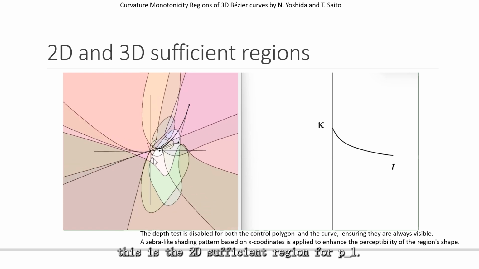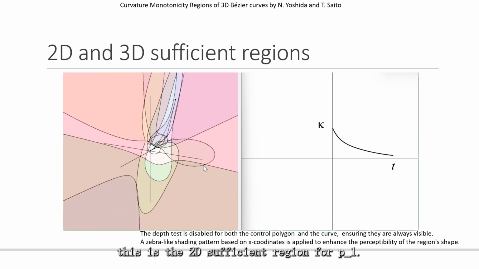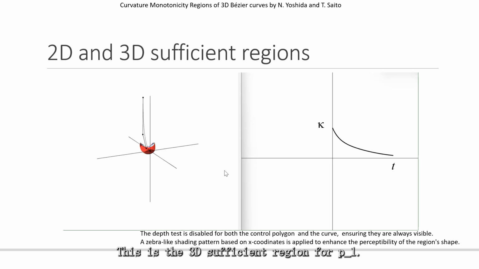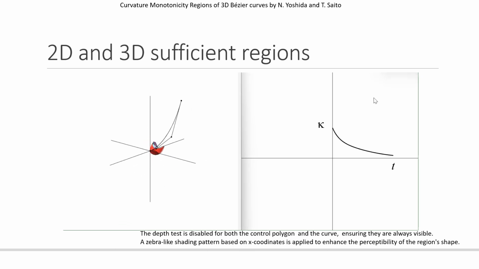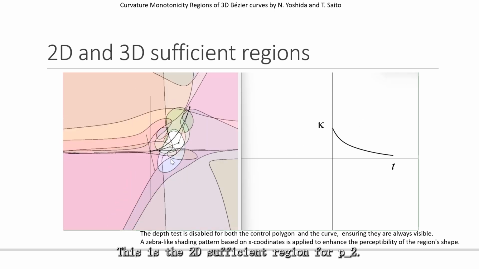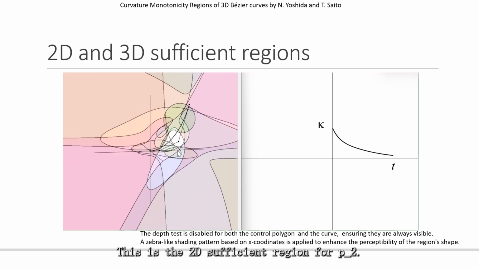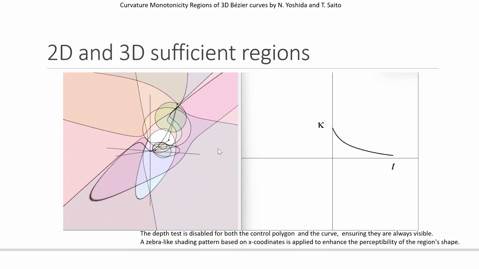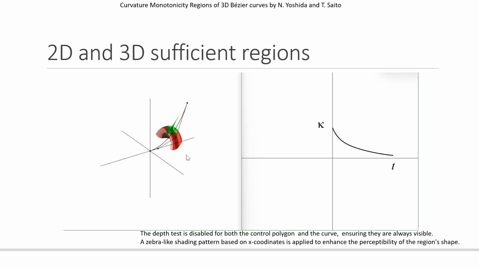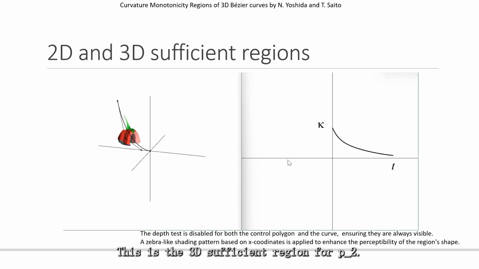This is the 2D sufficient region for P1. This is the 3D sufficient region for P1. This is the 2D sufficient region for P2. This is the 3D sufficient region for P2.